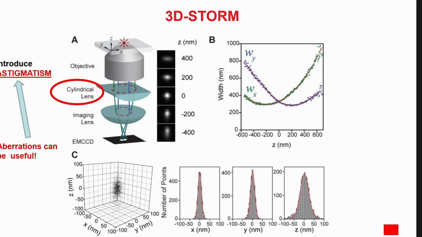Well, here we take advantage of one of the aberrations that I talked to you about in the morning, astigmatism. Astigmatism, we remember, is the dependence of the focus point on the polarization angle of the light. So what I do is I put an extra lens in the light path, a cylindrical one, which will purposely ruin the image in the sense that it introduces astigmatism.